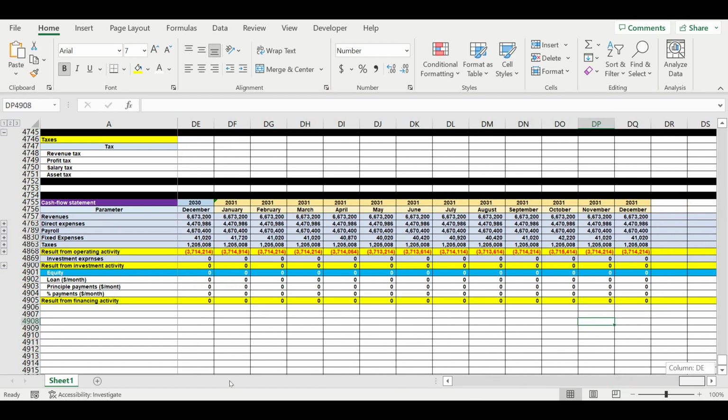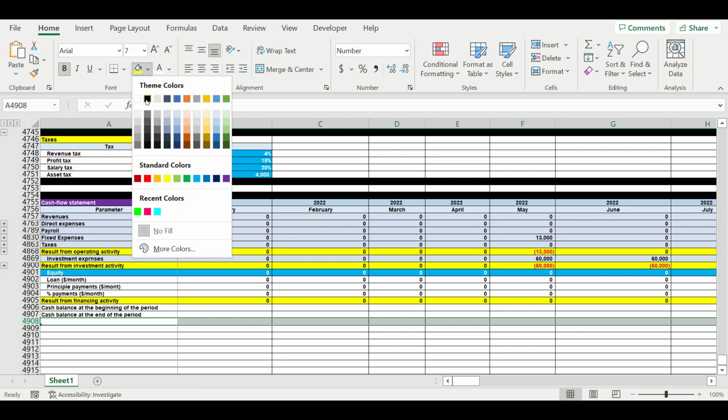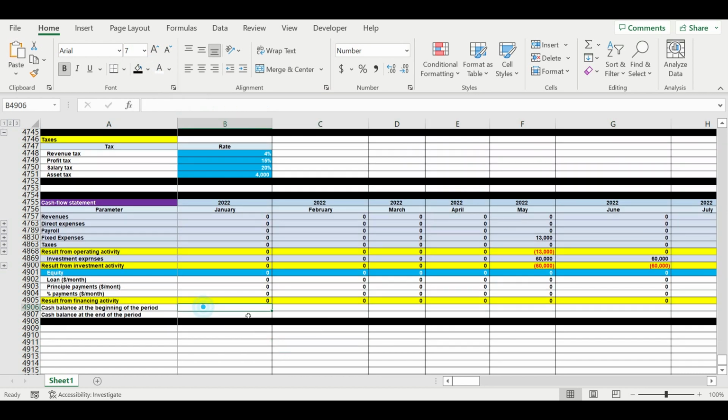Then we are creating the line called cash balance at the beginning of the period, and the last line of the cash flow statement will be cash balance at the end of the period. This will be the end of the cash flow statement. Cash balance at the beginning here will be 0.